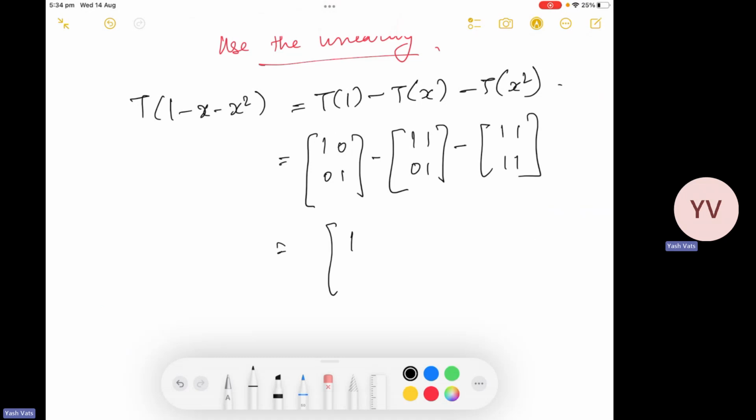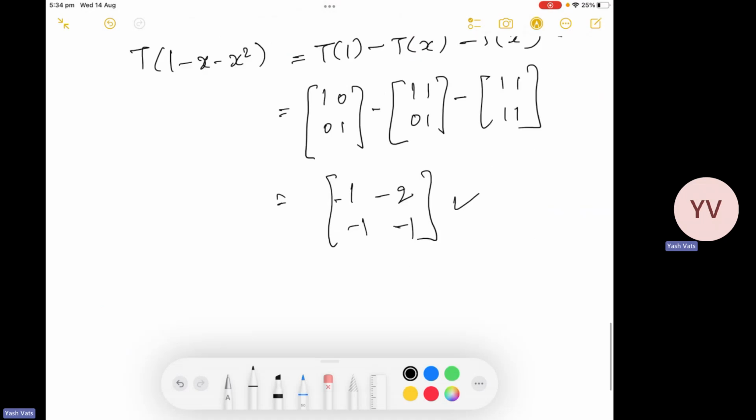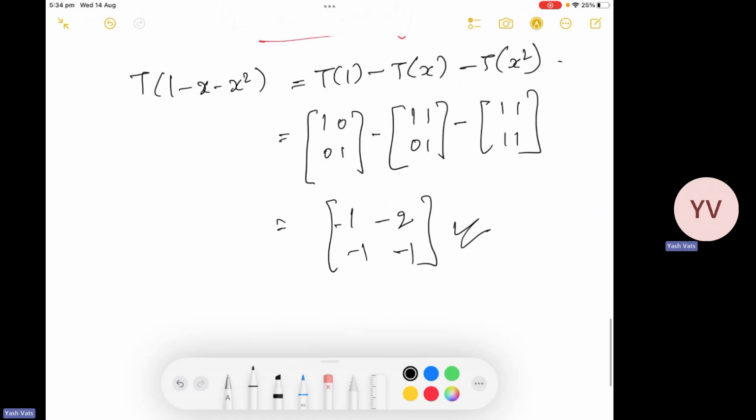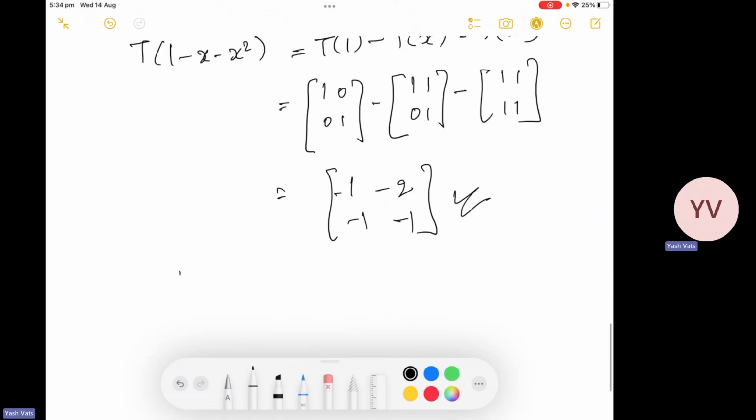So 1 minus 1 is 0, 0 minus 1 is minus 1, 0 minus 1 is minus 1, and 1 minus 1 is 0. So you get this type of result, which is directly using the property of linear transformation.